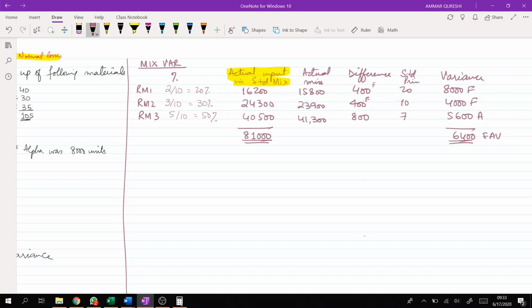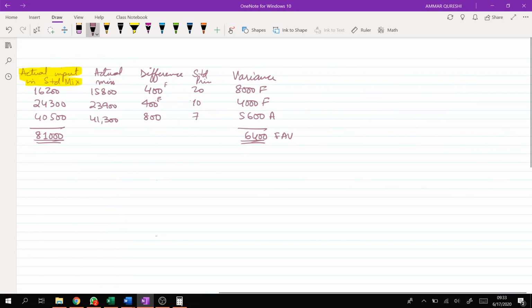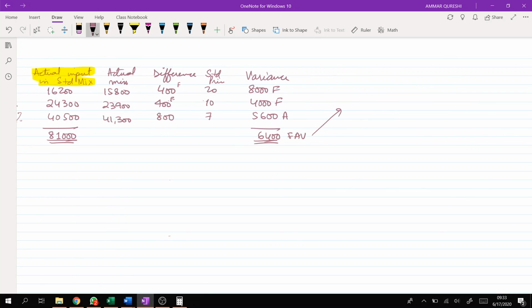And remember what we discussed about favorable variance? Favorable variance means that low price material has been input in higher proportion. Or alternatively, we can say that high price material has been input in a lower proportion.